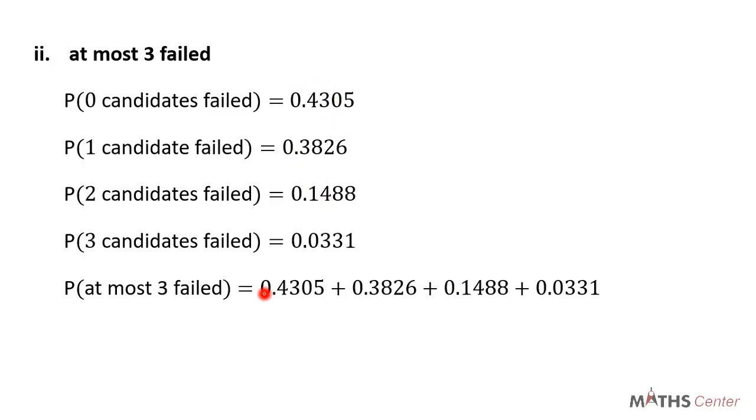So we add them. 0.4305 plus 0.3826 plus 0.1488 plus 0.0331. And this gives us 0.995. So the probability that at most 3 candidates failed is 0.995. Let's consider the next question.